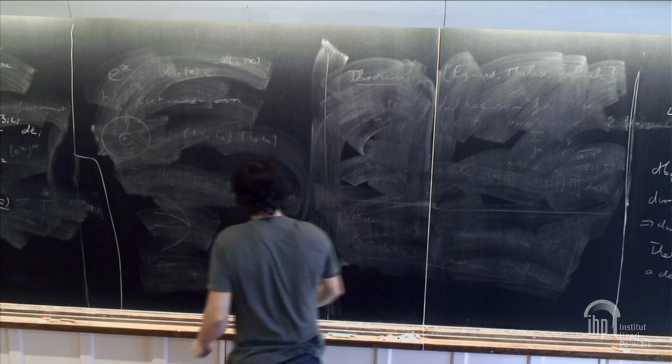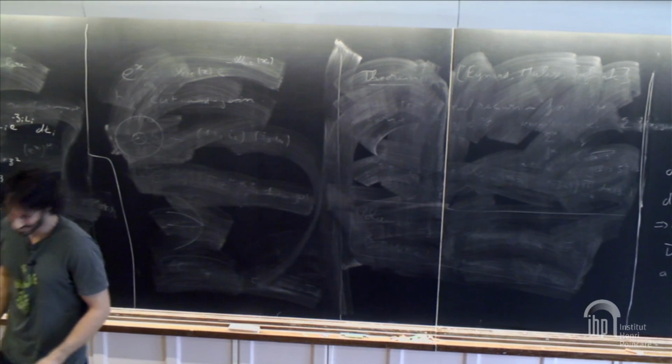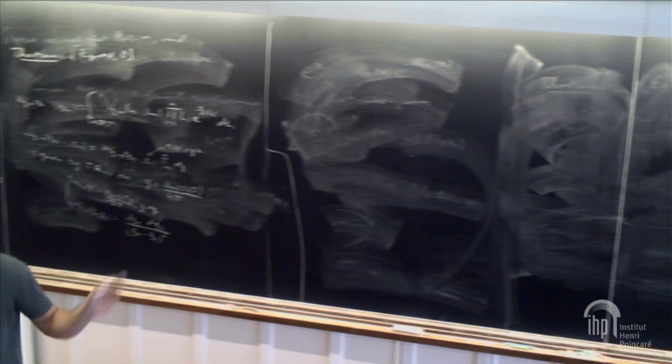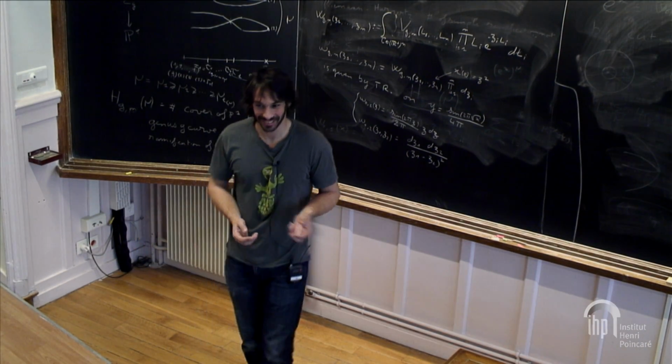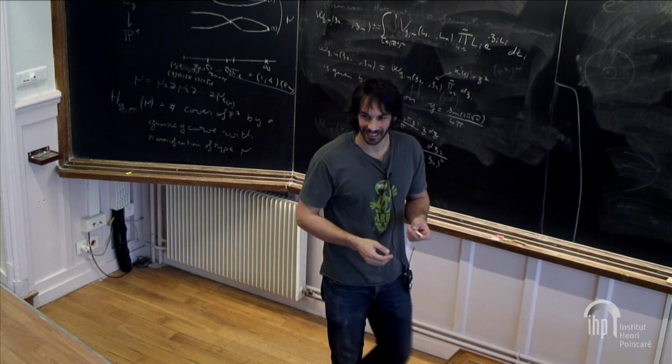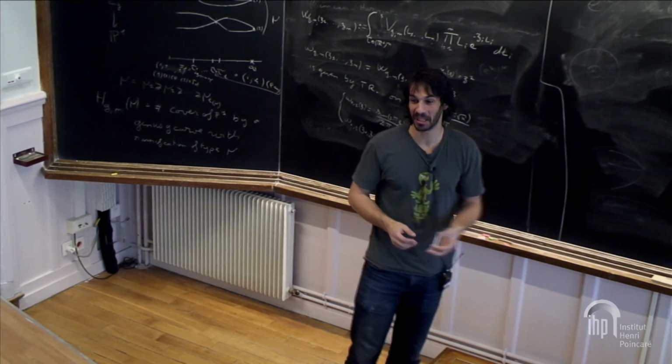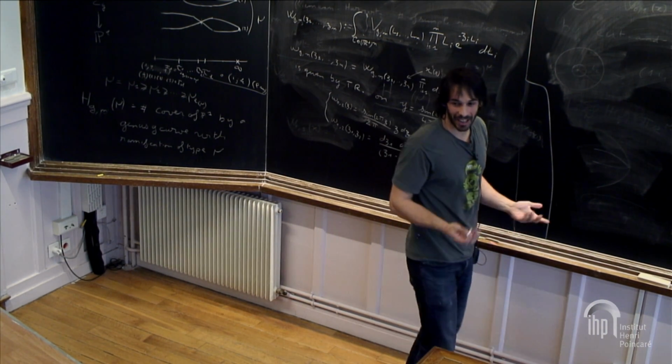So how do you define the cotangent on this moduli space? It's the equivalent.